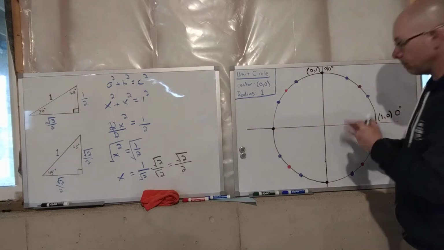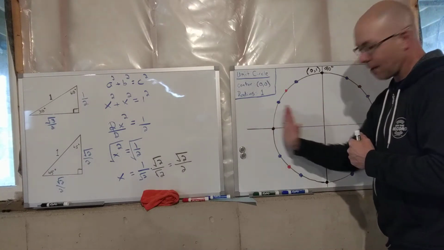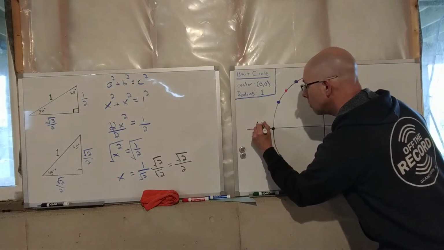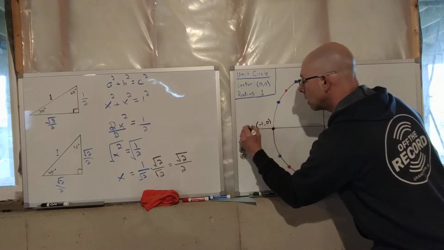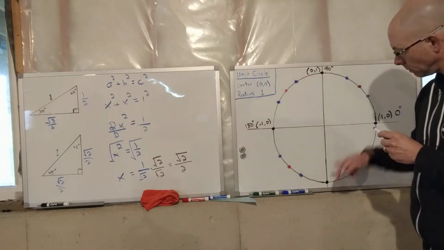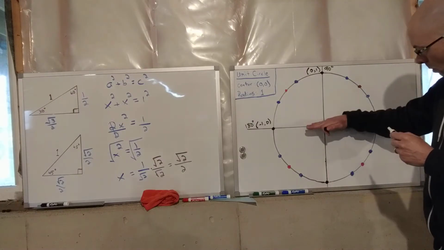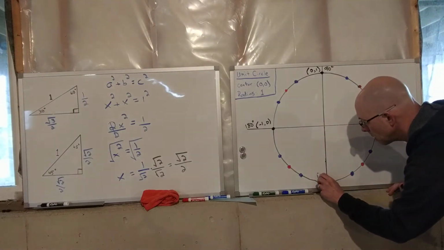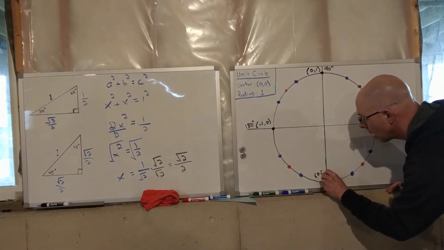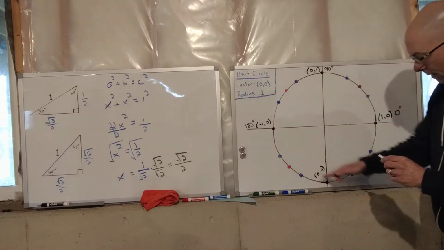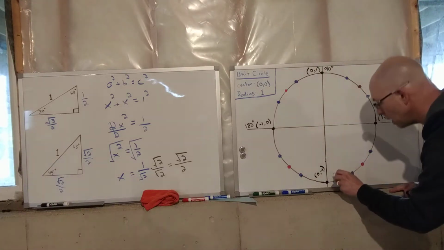Keep on over here. That's directly 1 left of the origin, so we would call that point -1, 0, 180 degrees. That's halfway around the circle. Down here, 1 directly below the origin, that's 0, -1.